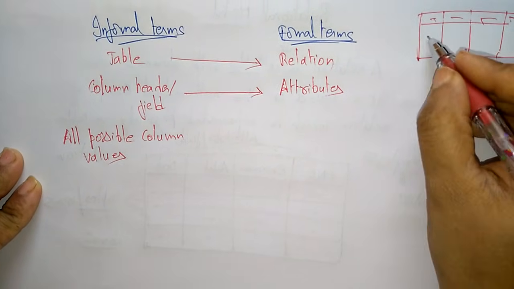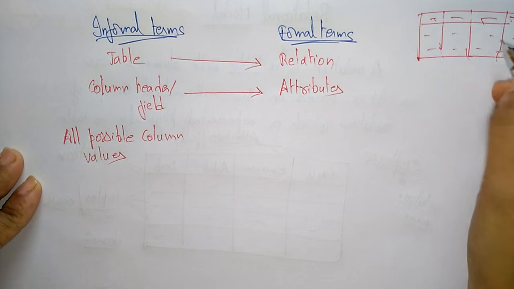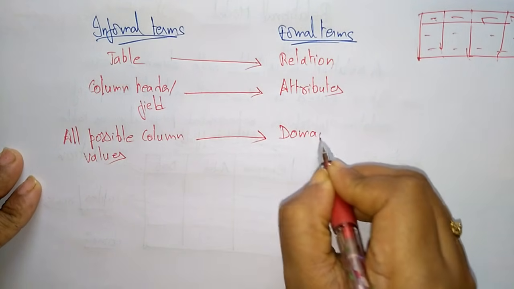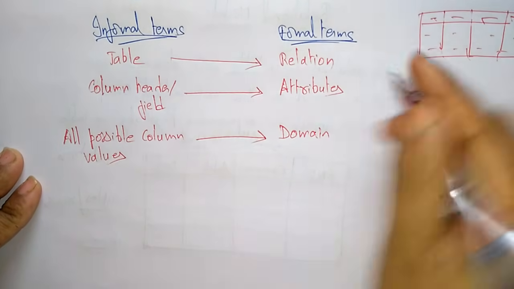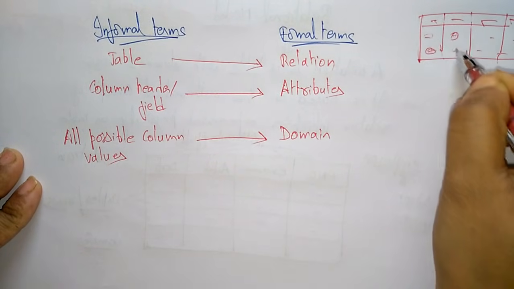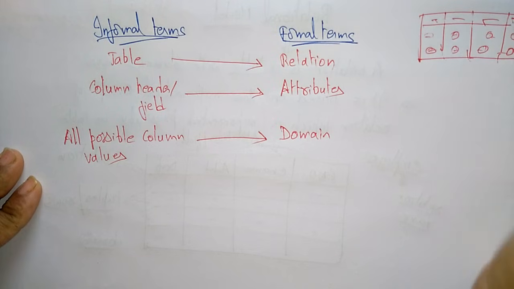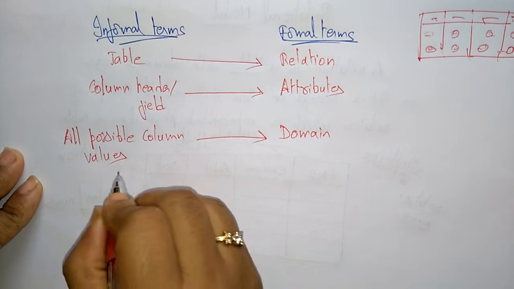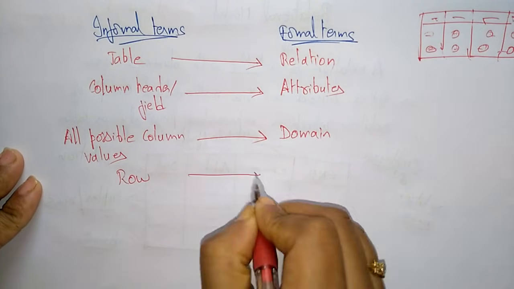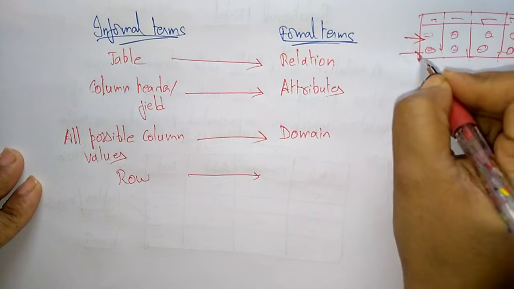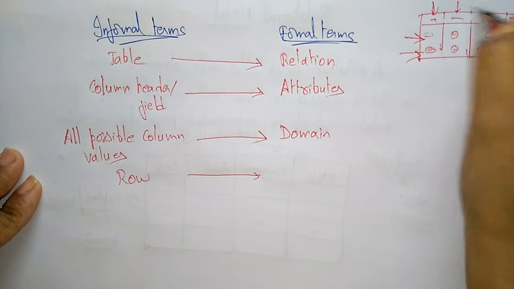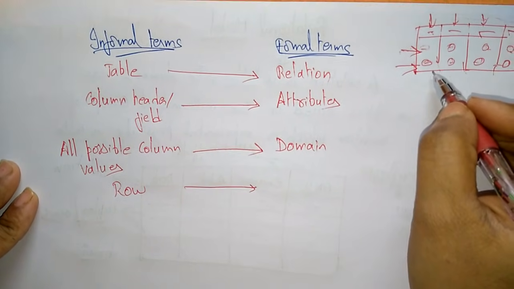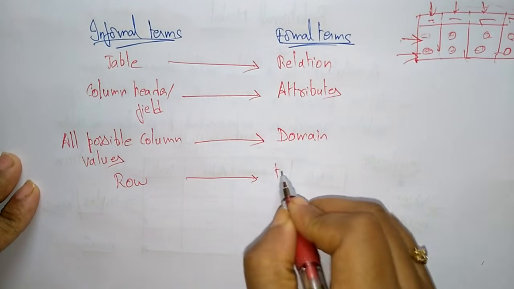All the values present in a table you call a domain. Now coming to the row, each row in a table you call a tuple.